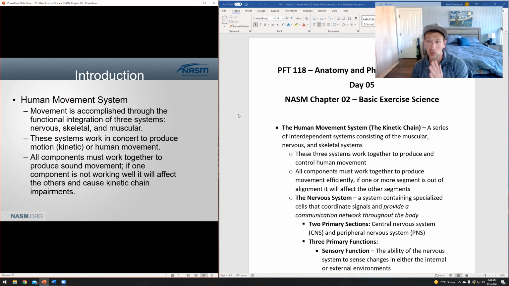So when I say human movement system, what I am talking about is how our bodies are designed. You've got all kinds of different systems running throughout your body. You've got your vestibular system, which is in charge of helping your balance. You have your cardiovascular system, which is responsible for delivering nutrients and oxygen throughout the body.